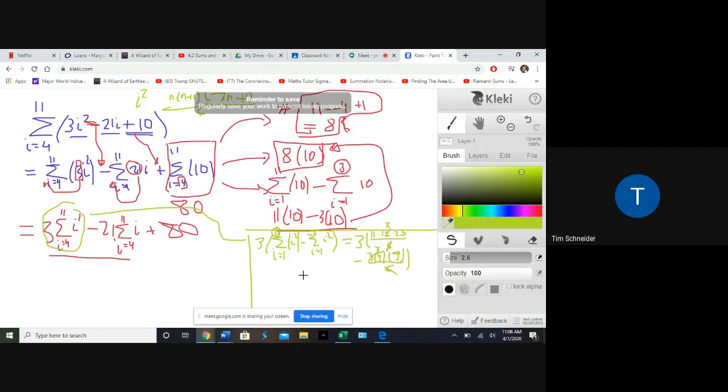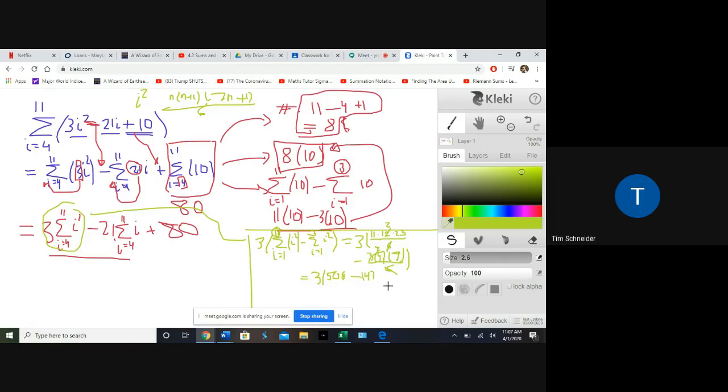Okay, let's actually calculate that out. We have 3 times 22 times 23. Calculator work, 506. Minus 2 times 7 is 14.